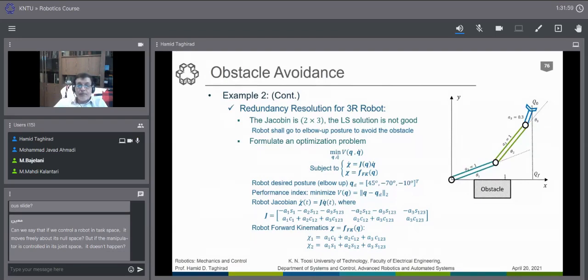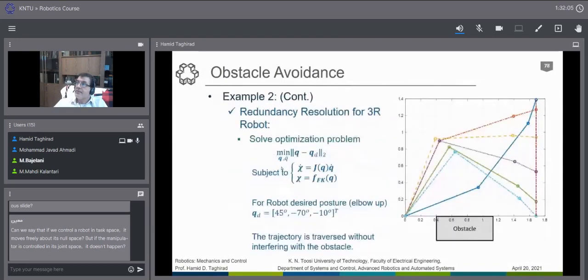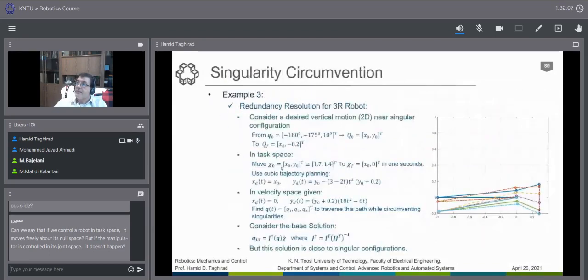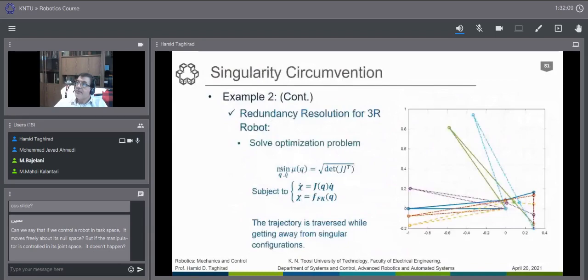Excuse me, Doctor. Go ahead. Slide 81. Yes. This configuration, did we take the constraint of the length of the arms into consideration or not?